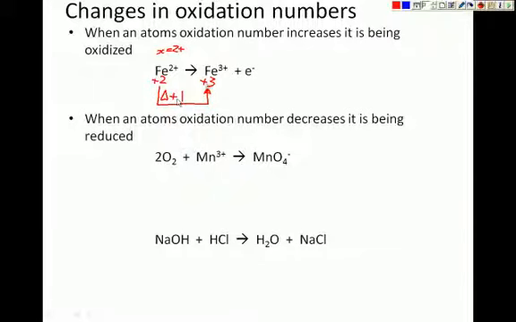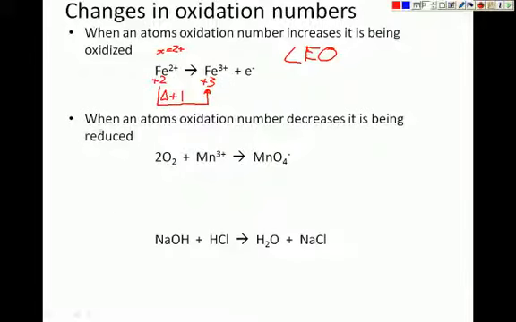Since it increased, it was oxidized. And that makes sense too. We have Fe2+, it lost 1 electron right here, and as we know, losing electrons is oxidation. So it lost 1 electron, and therefore it has been oxidized. Or in other words, the oxidation number increased by 1.